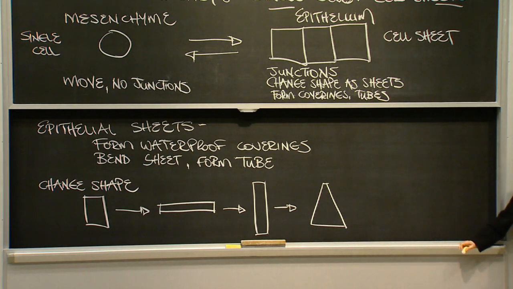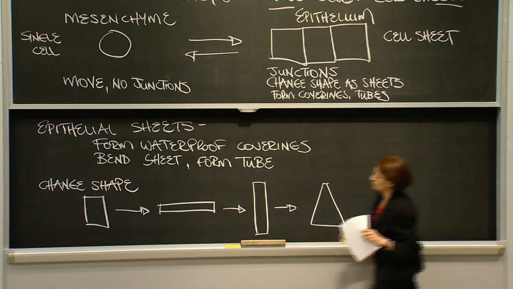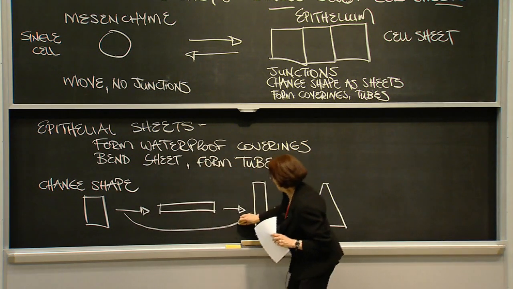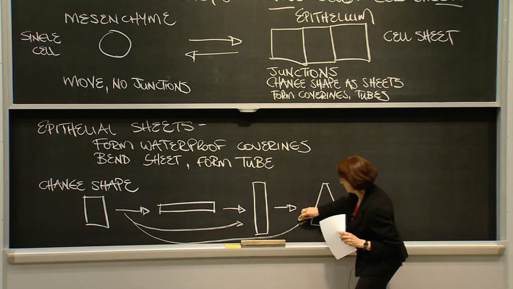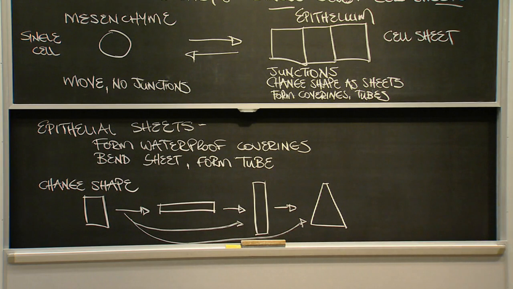Okay, and the names of these different kinds of cells don't really matter. And they're not sequential. So this cell can become this cell. It can also become this wedge-shaped cell in one fell swoop.